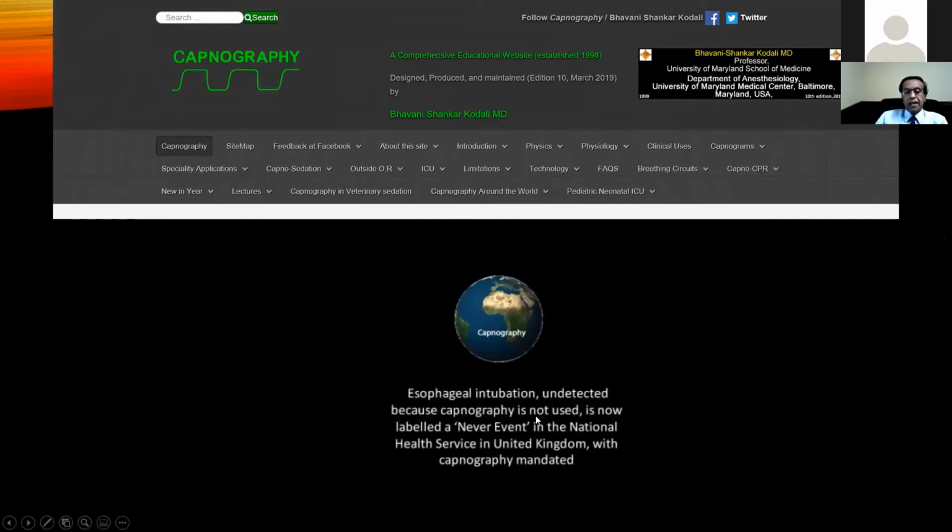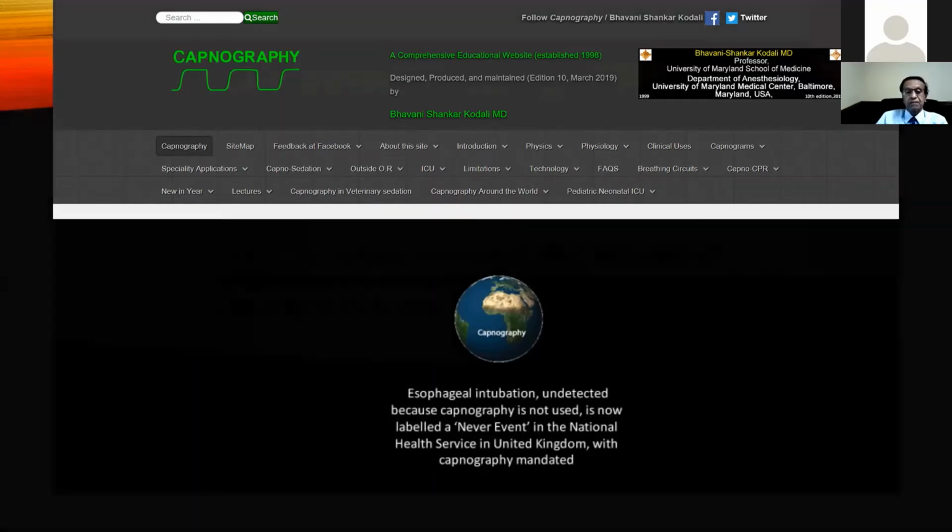They advised all their members that esophageal intubation undetected because capnography is not used is now labeled a never event in the National Health Service in the United Kingdom, with capnography being mandated during CPR. So it is a good step to enhance the safety of patients during cardiac arrest.